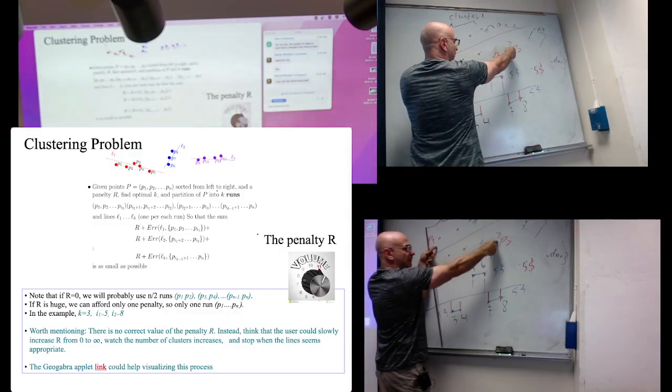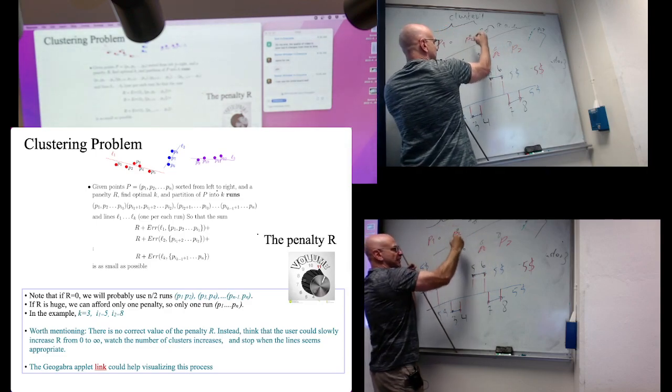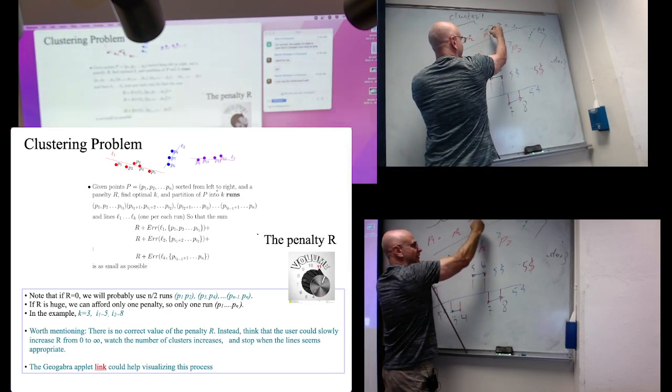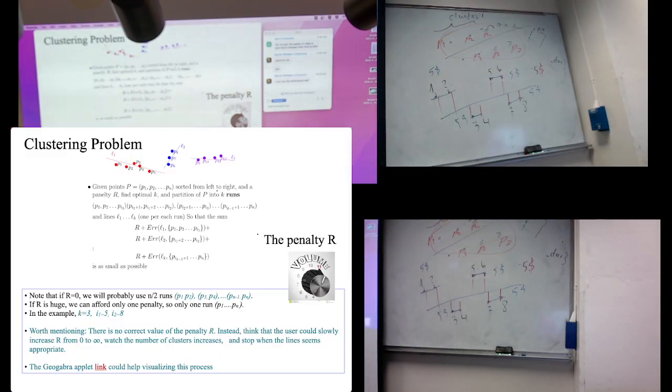If you're saying that P1 and P7 are in the same cluster, then P2, P3, P4, P5 and P6 must be in the same cluster. Once you tell me where the cluster starts and ends, think about it as a period of time, the points in this period of time, these x values, must be in the same cluster. So it's just a question of where I start a period and where I end a period.